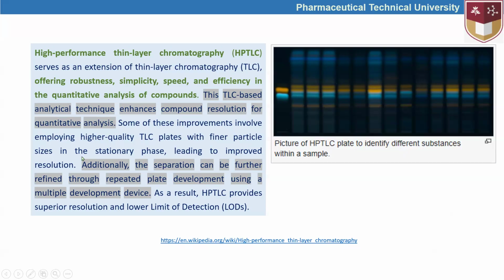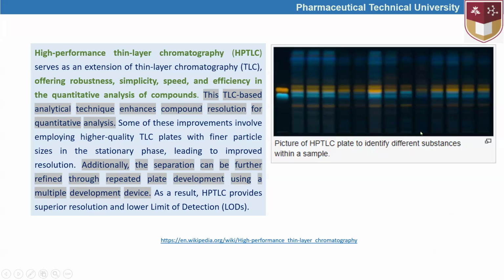So finer particle size is very significant in achieving efficacy of high performance thin layer chromatography. It leads to improved resolution, as we talked, and additionally, the separation can further be refined through repeated plate development using multiple development devices.